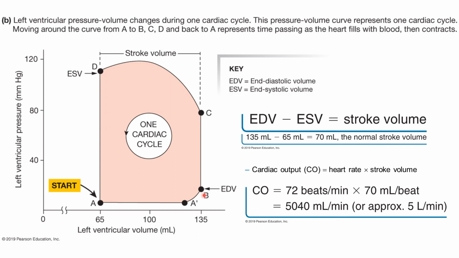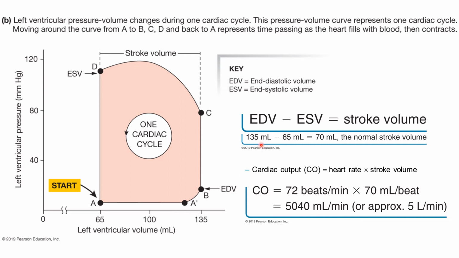Now, the ventricle right here at this moment is containing the maximum amount of blood that it can hold during a cardiac cycle. And the ventricle right here, it's still in diastole. It hasn't fully contracted yet. And during that stage, all the valves are closed. So both the atrioventricular valves and the semilunar valves are closed. And so we call the volume right here in the ventricle the end diastolic volume.